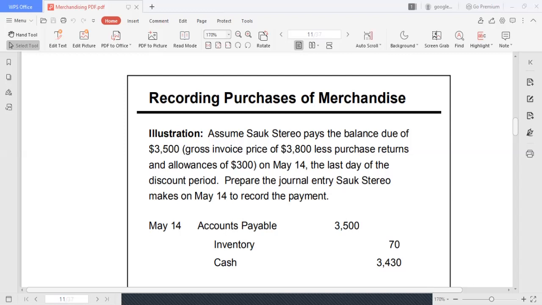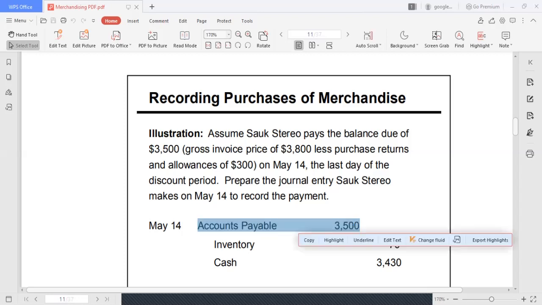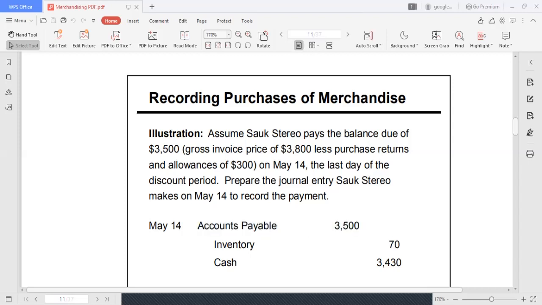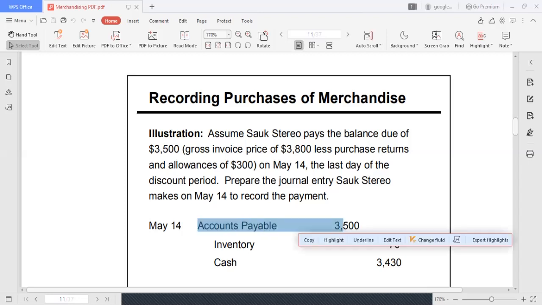So if you avail, for example, a discount period, okay, so nakapagbayad ka within the discount period, so syempre yung total na mawawala mong utang is 3,500. Again, saan nanggaling yung 3,500? Kanina, nag-purchase ka ng 3,800, meron kang sinoling 300 worth of merchandise. So 3,500 na lang talaga yung utang mo.